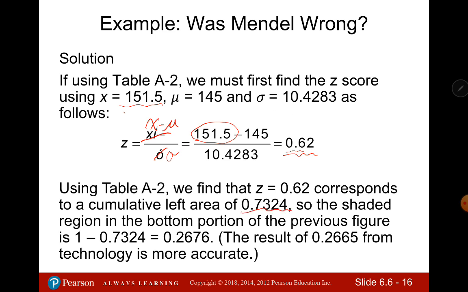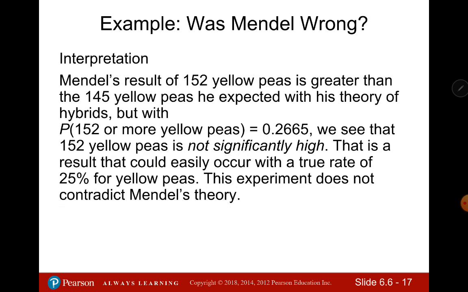Then we can locate the area, 0.7325. But we cannot skip the last step, because this is the left side, and we are talking about any value at least or greater than this one. So we use the total area, 1 minus the area to the left, to get the area to the right. So 0.2676 is our final answer.